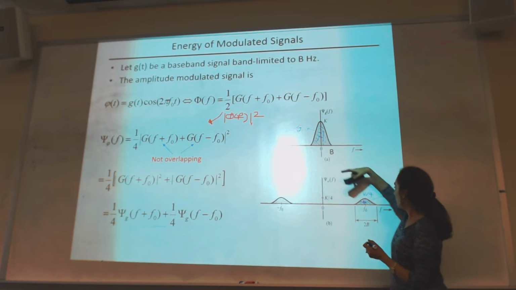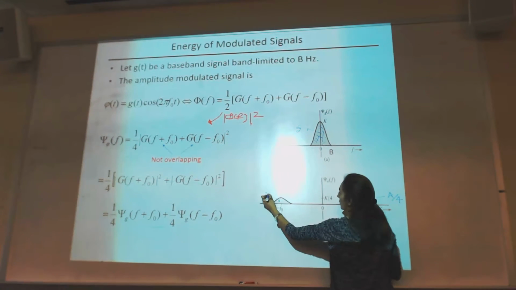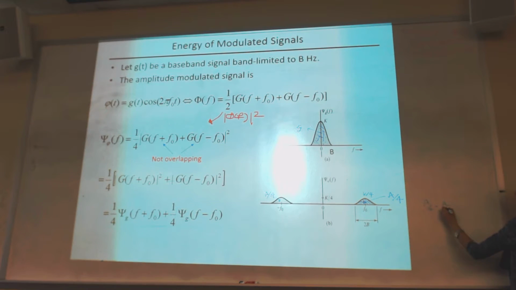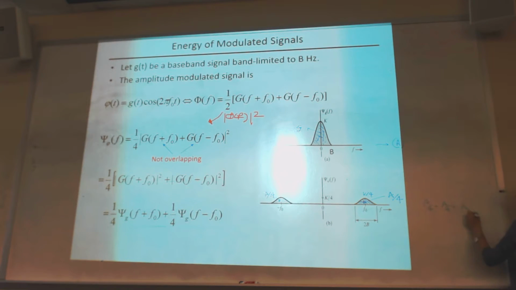So I scale this by 4, so I get A over 4. The same here. So what's the total energy? A over 4 plus A over 4, which is A over 2. So basically, the energy after modulation is divided by 2.